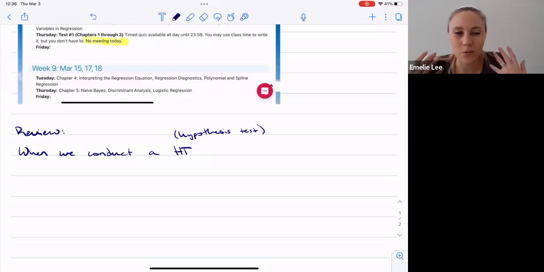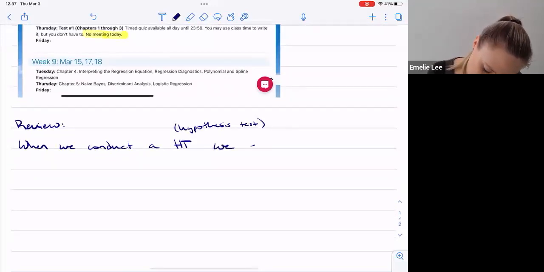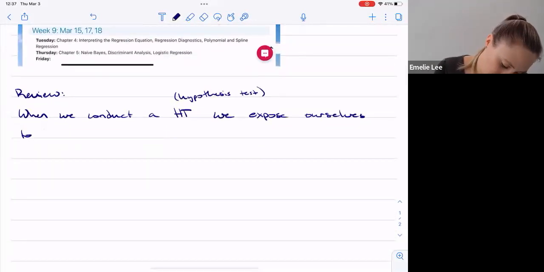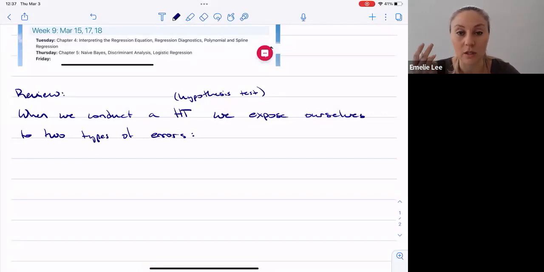And the problem is we don't know which error we're making. Right, and so when we conduct a hypothesis test, we expose ourselves to 2 types of errors. Type 1 and type 2 errors. Now, a type 1 error is the main one that we're going to be concerned with, because it's usually the only one that we can control.